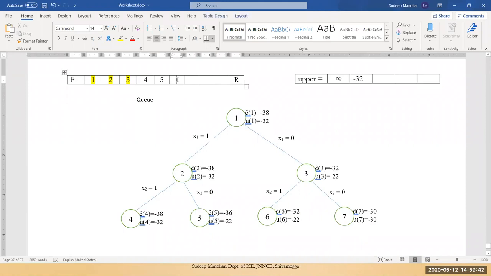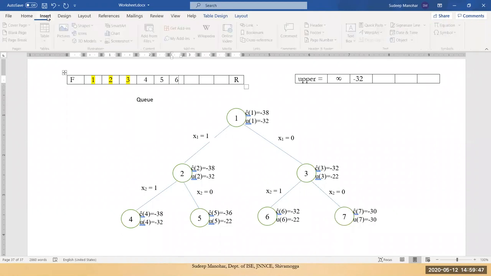Since you are not killing 6, add it to the queue. You mark this 7 as killed.